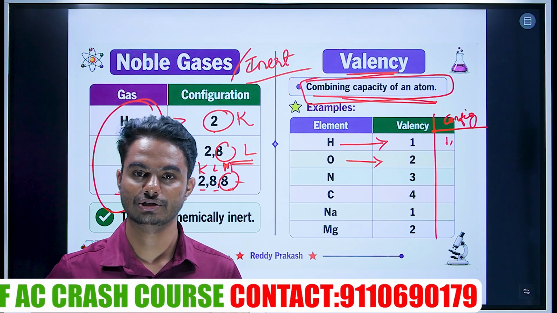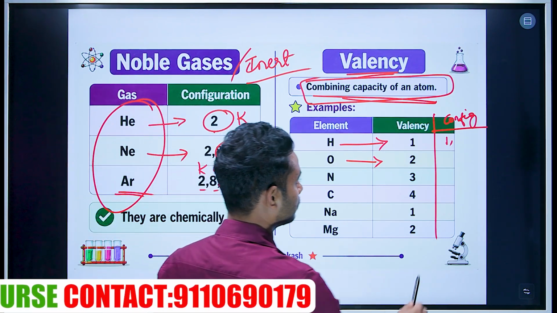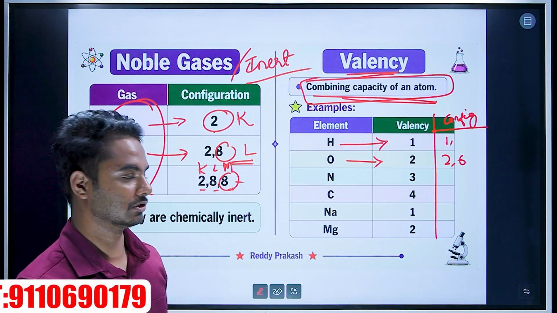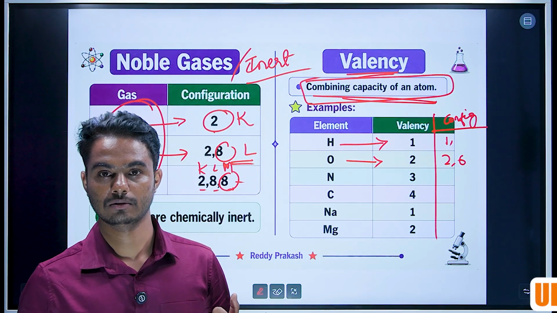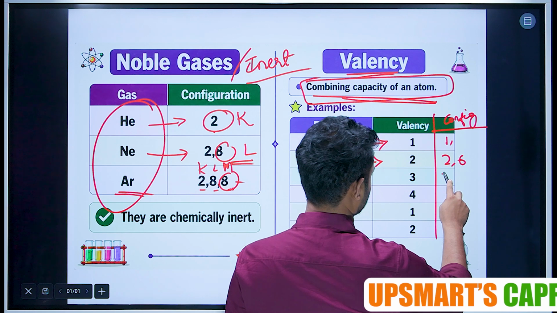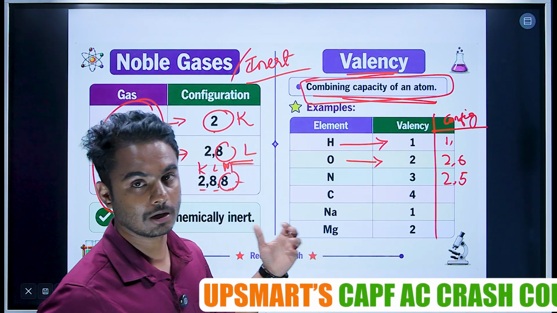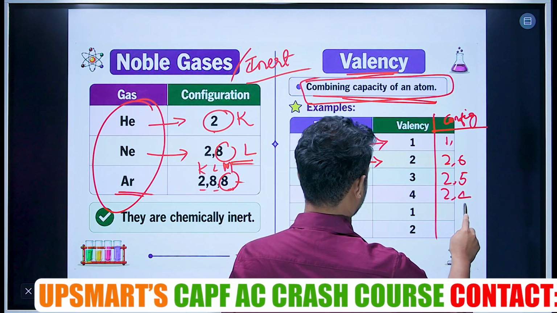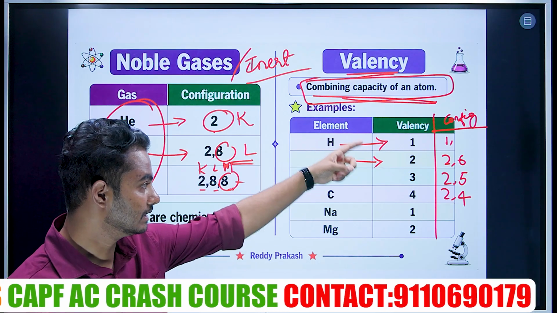Oxygen has how many electrons? 8 electrons, so the configuration is 2 and 6. Next, nitrogen. What is the configuration of nitrogen? Nitrogen has 2 and 5, right? Carbon has a configuration of 2 and 4. Sodium and so on. Okay. Now, that is the configuration.